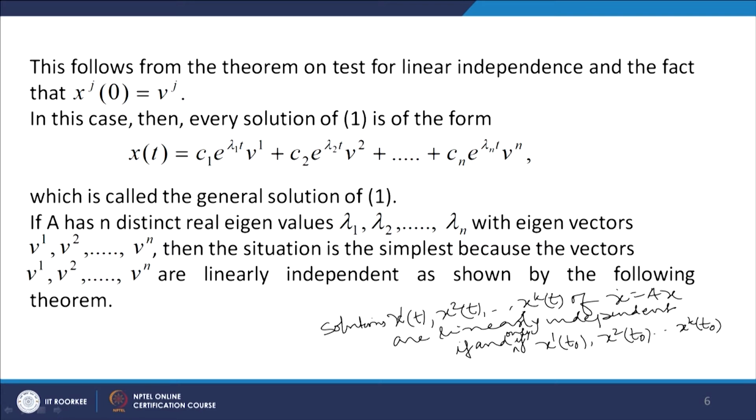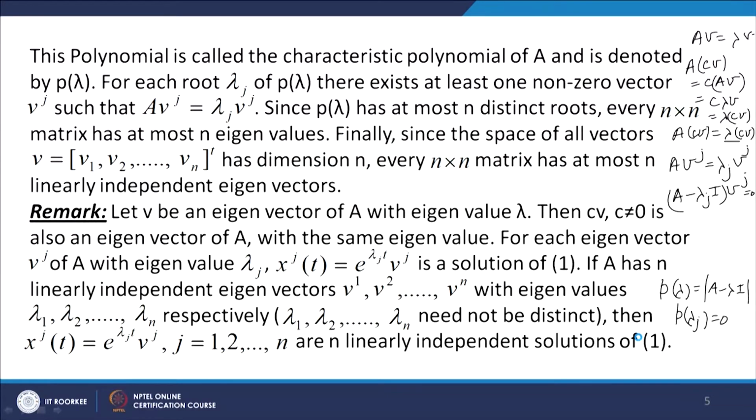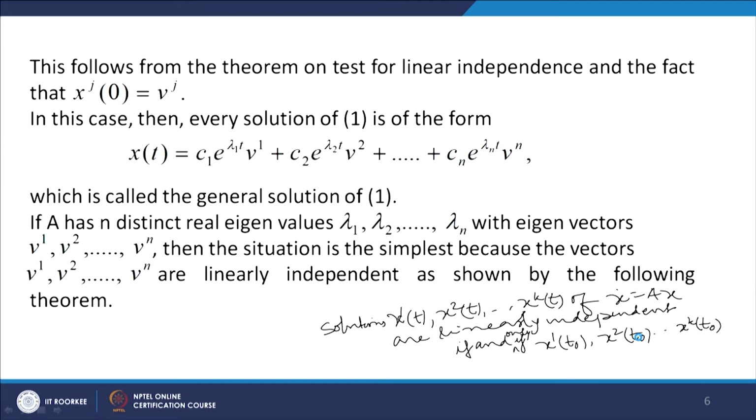So, here if you choose t equal to t naught to be 0, then we see that xj(0) equal to Vj, and B1, B2, Bn are linearly independent. So, xj(0) for j equal to 1, 2 and so on up to n are linearly independent, and therefore, the solutions xj(t) for j equal to 1, 2 and so on up to n are linearly independent.